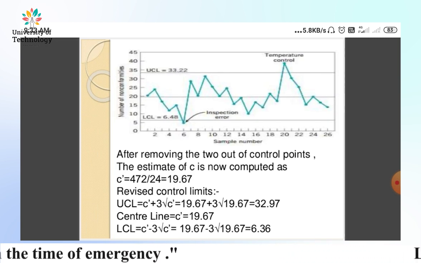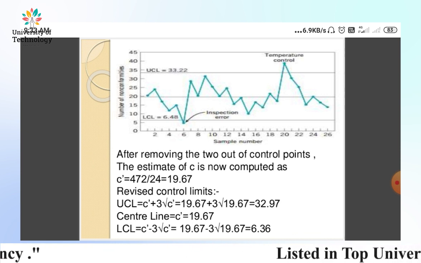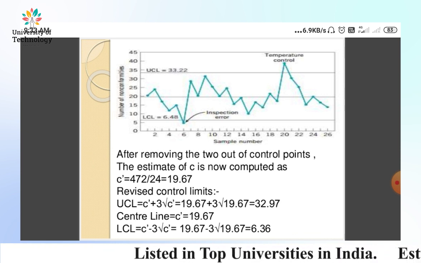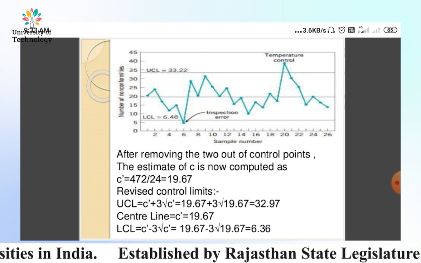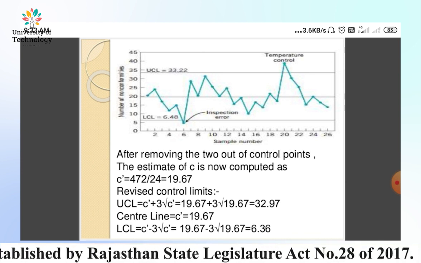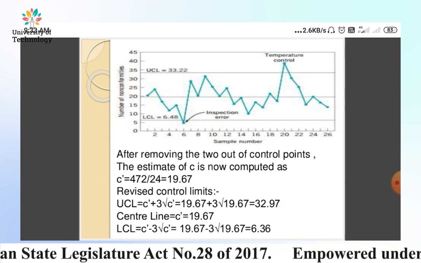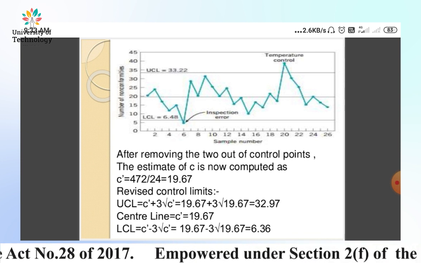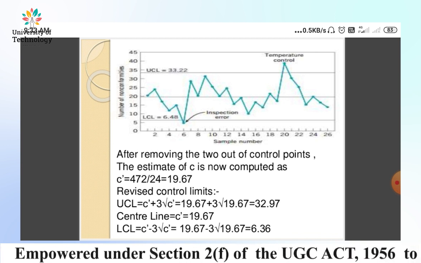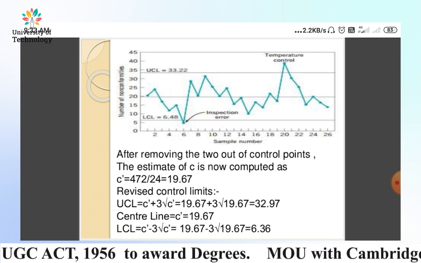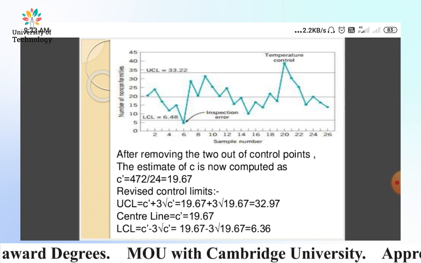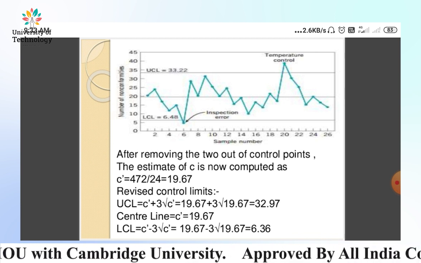After removing the two out-of-control points, the estimate of C is now computed as C dash equal to 472 divided by 24, which is 19.67. The problem is described by a control chart explained by the figure.